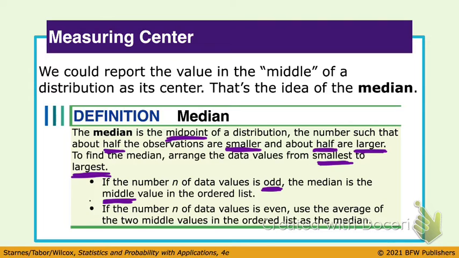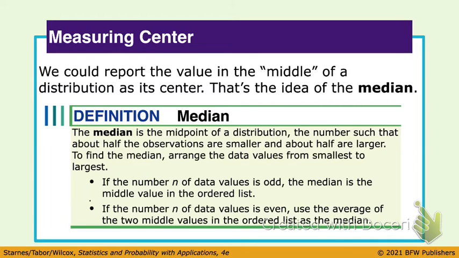But if you have an even number of data values, then you have to use the average of the two middle values in the ordered list as the median. You guys have probably done this a lot of times in your life. So, median. Cool?